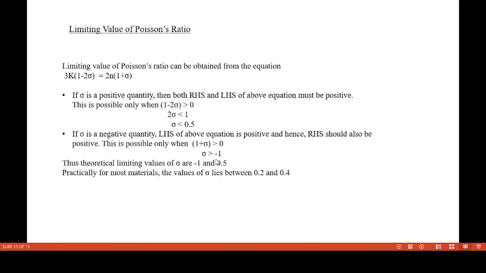So we got the lower limit of sigma as minus 1. So sigma should lie between minus 1 and 0.5. These are the theoretical limiting values of sigma. But practically, in most materials, values of sigma lie between 0.2 and 0.4.